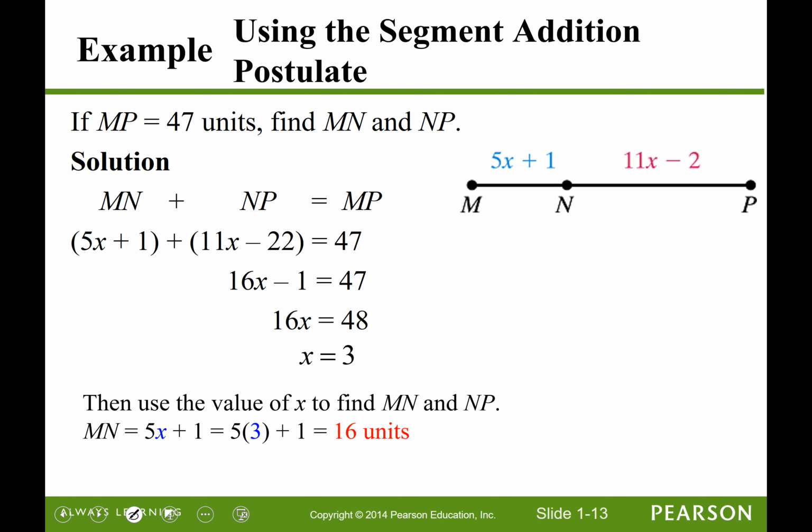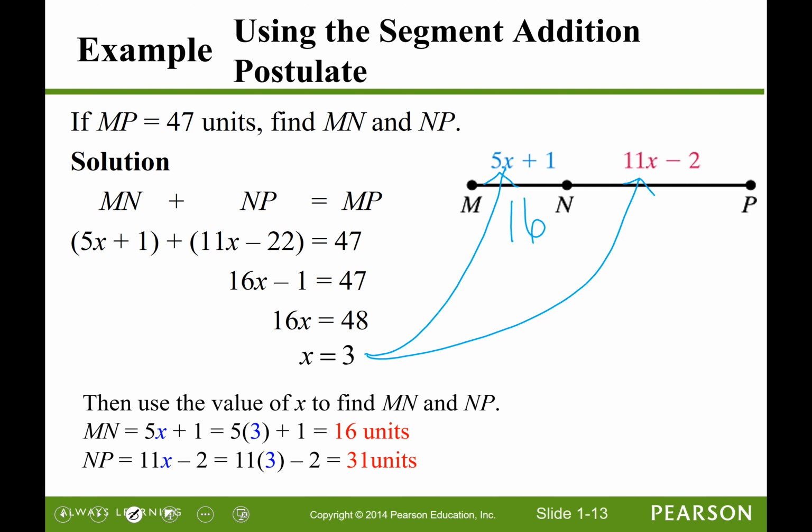So MN, you substitute the 3 right there, giving you 16 units for this segment. And then NP, you substitute the 3 in right there, giving us 31 units for that segment, making the entire segment, just checking my work here, 16 plus 31, it does in fact equal 47 linear units.